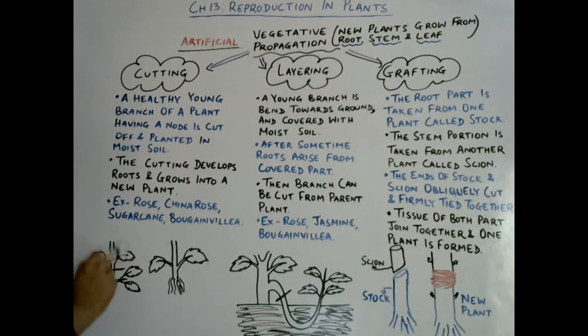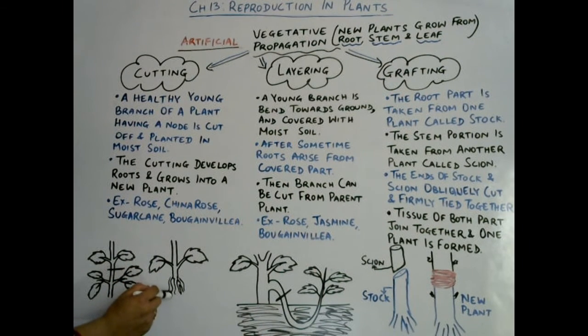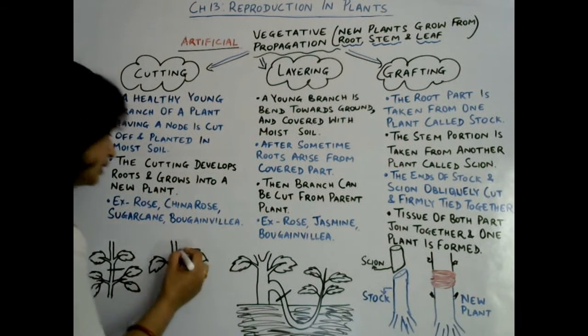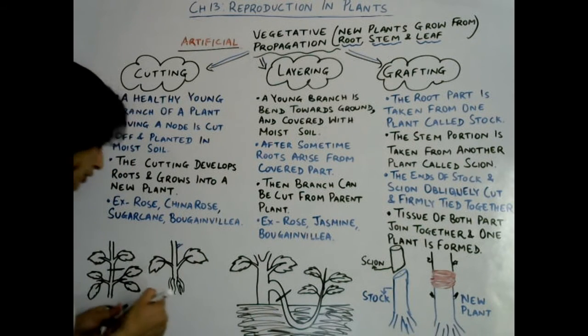Then that cut branch of the plant should be kept under the soil, with a little bit of the stem covered with soil, and just provide moisture, basically water, and obviously it will get sunlight. So soon new roots will arise from that stem, and new branches and new leaves can also arise from that stem.